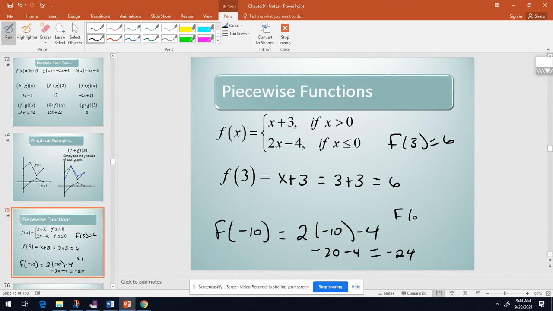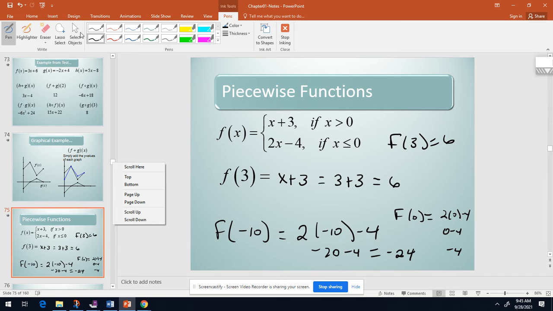What if I asked you to plug in f of 0? Okay, is 0 greater than 0? No. I would plug it into the bottom equation. So I call this the key to a map. Okay, this tells me where I'm allowed to plug it in. So if I plugged in 0, it'd be 2 times 0 minus 4, which is 0 minus 4, which is -4. The math, I feel, is pretty simple. I could be wrong, but I think it's pretty easy.